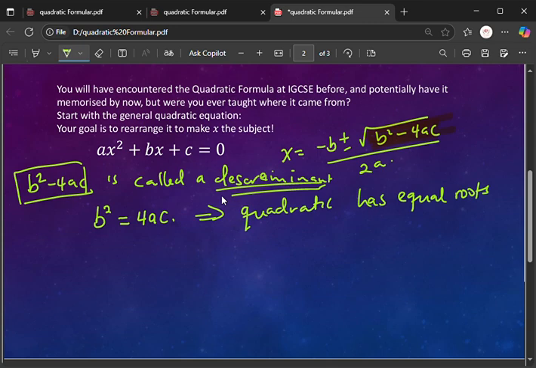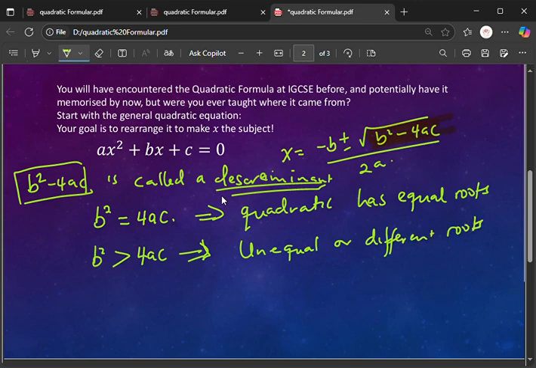Okay, and if b squared is greater than 4ac, then this implies unequal, or different roots. Remember, the word roots means the values of x. And if b squared is less than 4ac, it will imply that there are no roots, because there's no root of a negative number, so no roots. Okay.